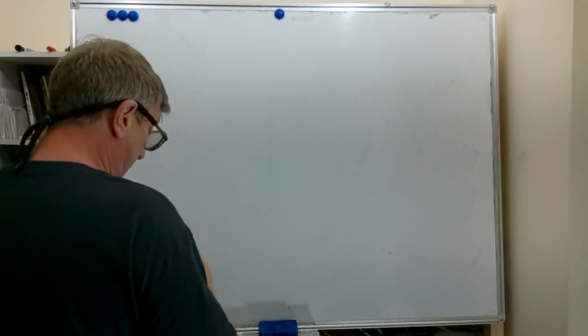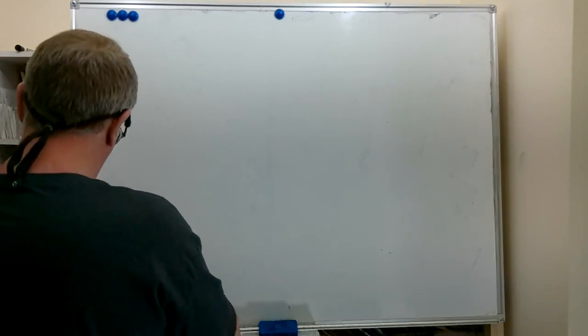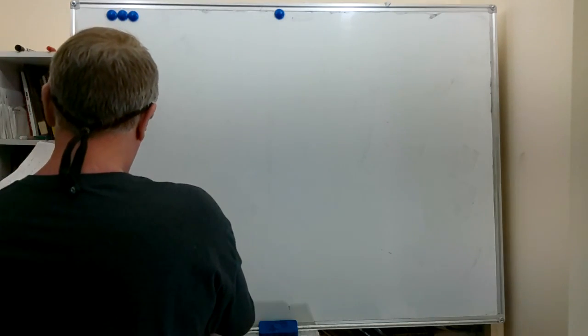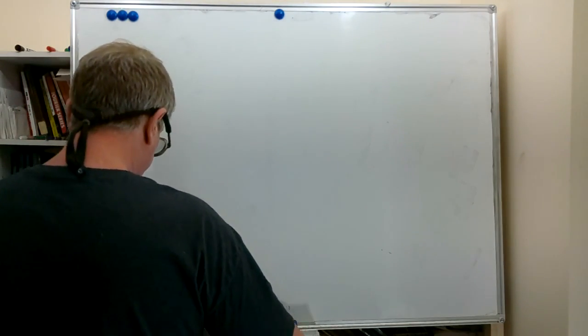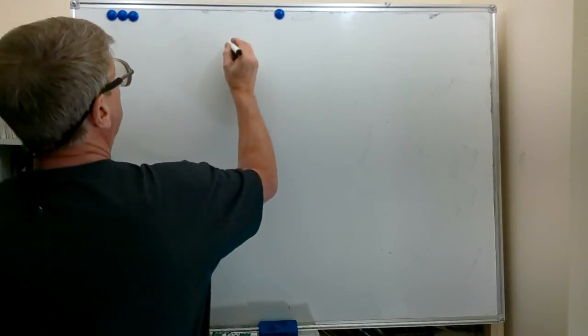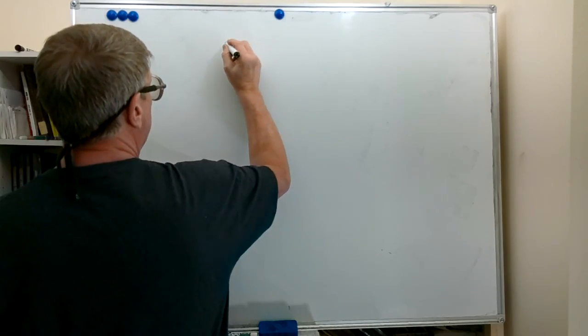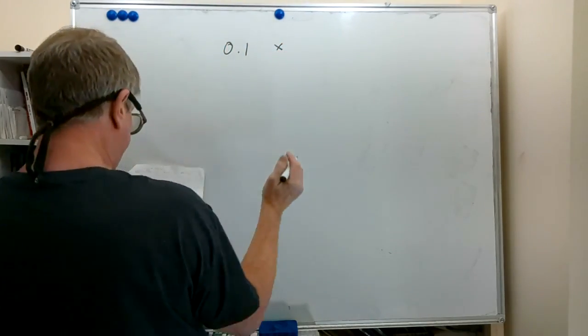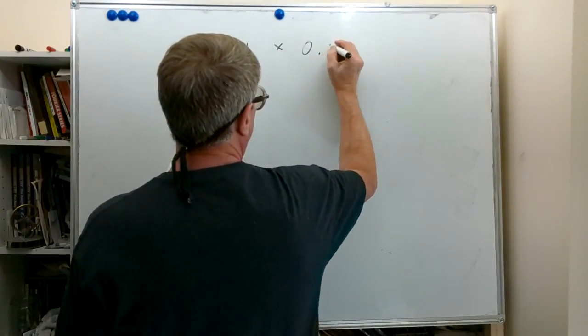Now we're going to talk about doing a little bit of multiplying with decimal numbers. We're going to do some simple examples. Suppose we have 0.1 and we want to multiply that times 0.03.